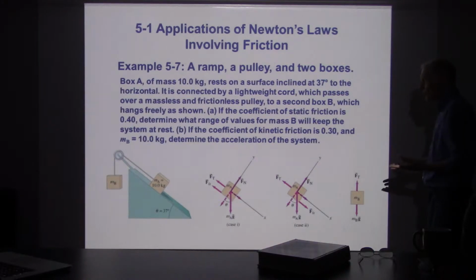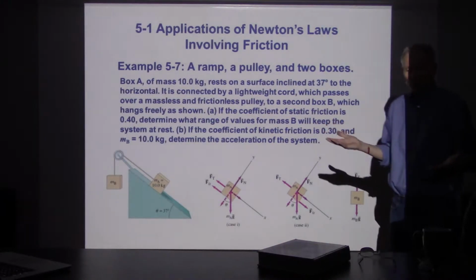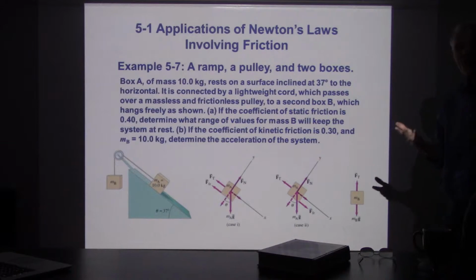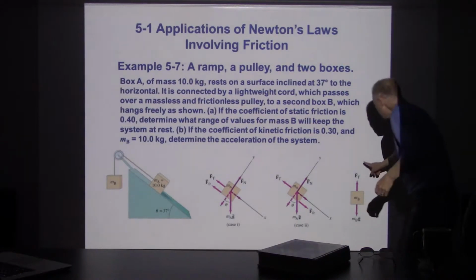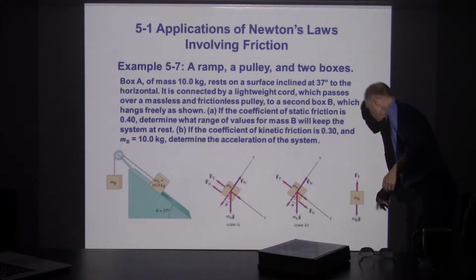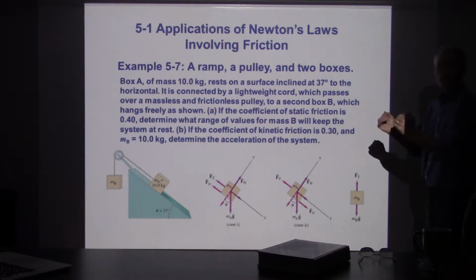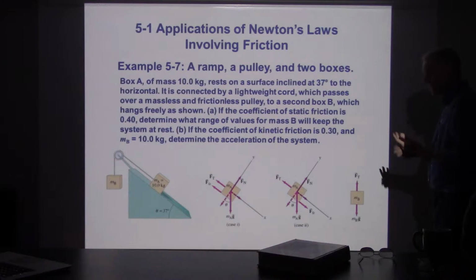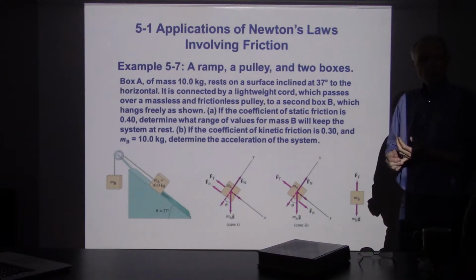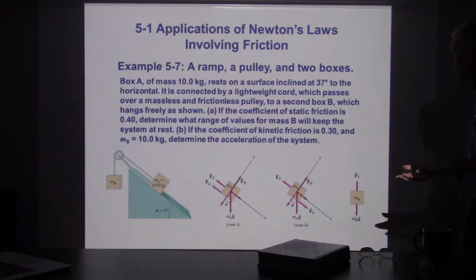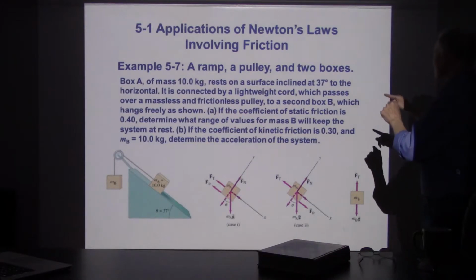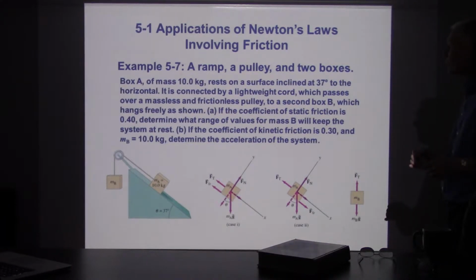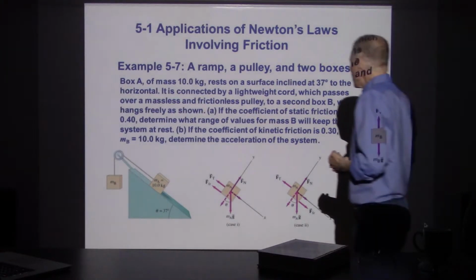And for the situation where the objects are not moving, these two forces are the same. Those two forces are going to match if the acceleration is 0. Now, there could be a constant velocity here too, but because of the static friction, we're really thinking in terms of the objects not moving at all.